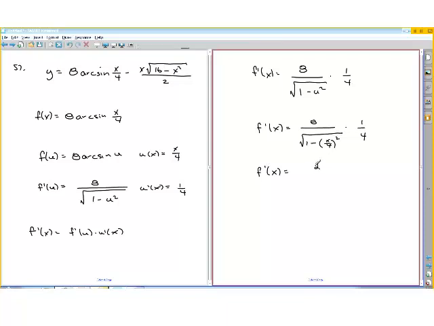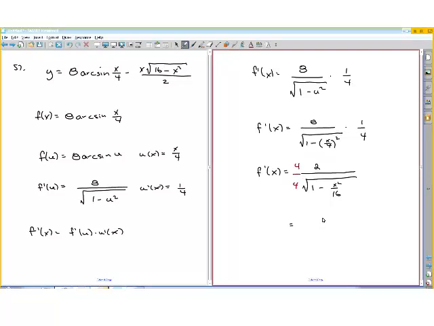So we're going to have 2 divided by the square root of, we're going to multiply this thing out, so you get 1 minus x squared over 16. So x squared is x squared, and 4 squared is 16. Now, we want to get this so that this looks something like that. So what we would do is we would multiply by 4 here, and we'd multiply by 4 there. So we're multiplying by 1.